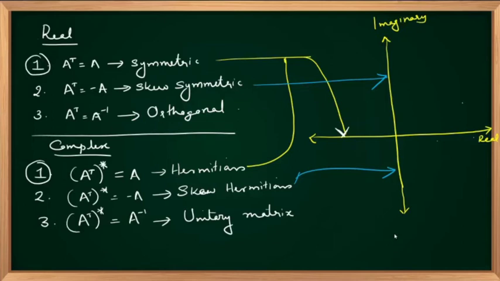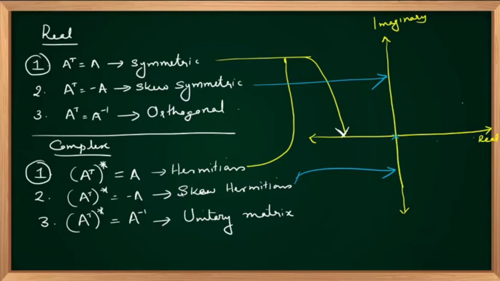Can someone say in chat? Directly, 0. Correct. 0 is a part of the imaginary axis as well. So 0 is also a possibility for the eigenvalues of skew symmetric and skew Hermitian matrices. There was one question in a GATE paper, I think it was the 2010 EC paper, you can check that paper.